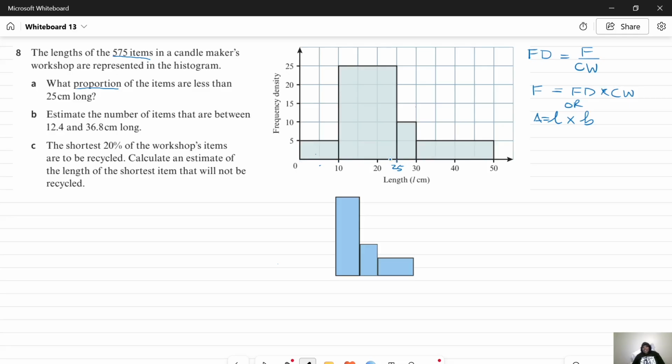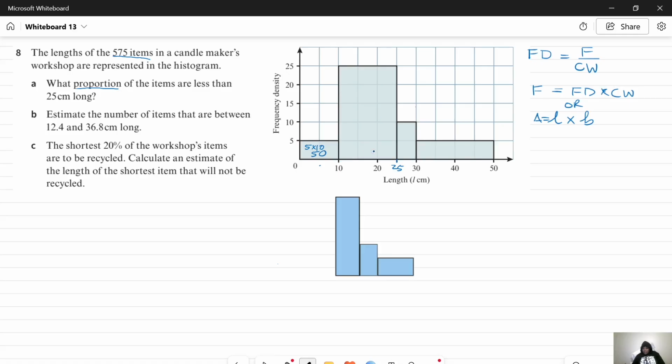So we want to know how many items are from here to there. Remember earlier I mentioned that these bars represent the frequency, and in this case, the frequency is the number of items in this class. From 0 to 10 centimeters, I have 10 by 5, so 5 times 10, which gives me 50. So I have 50 items from 0 to 10.